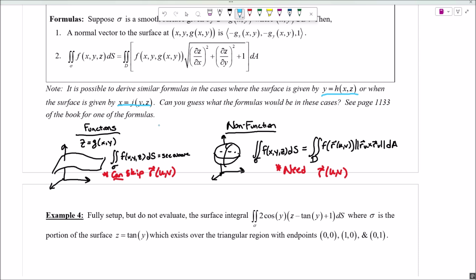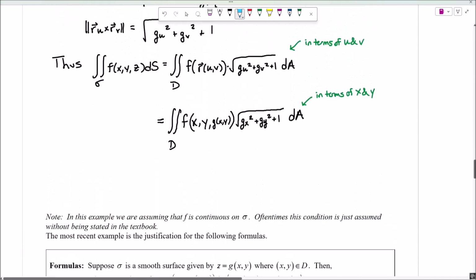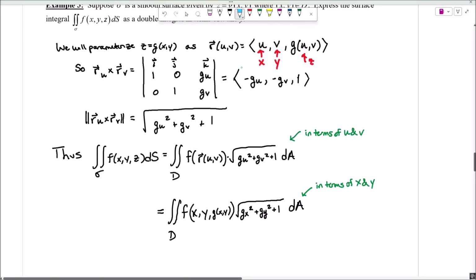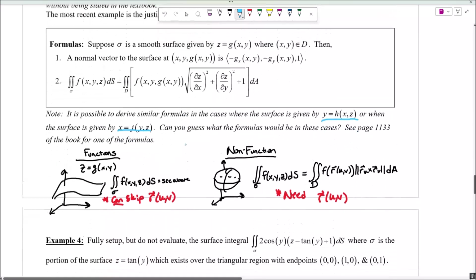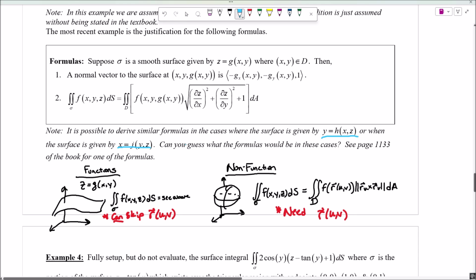I'll leave it up to you to figure out what the formula would be in that case, but it should be very similar, and really all you'd have to do if you're not 100% sure of how that would work is attempt to rederive it like we did up here. As we move into the next couple examples, we'll constantly be coming back to thinking about things as being functions or non-functions to help us determine which approach we may want to take when trying to actually set up a surface integral.